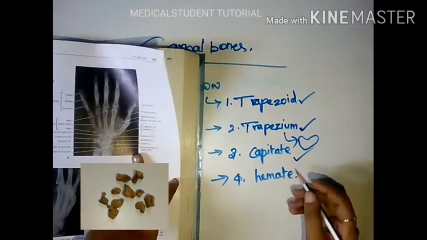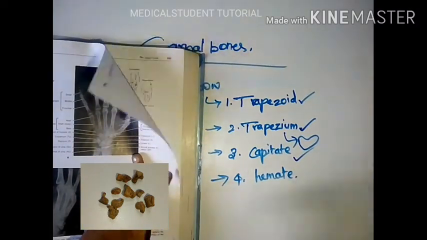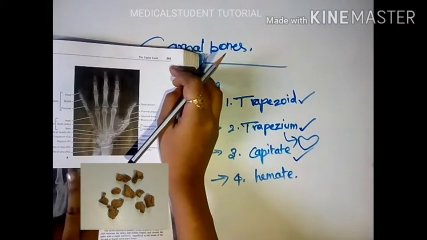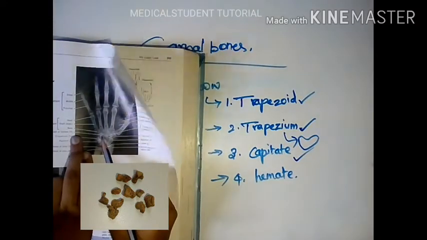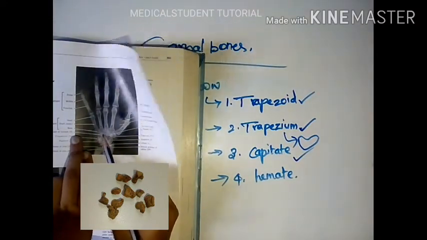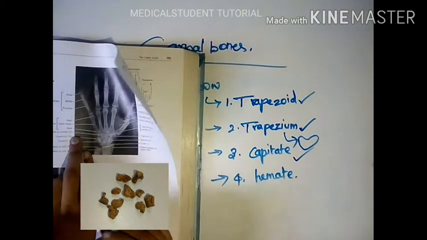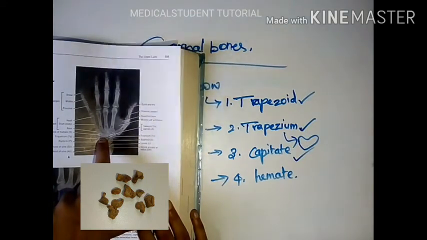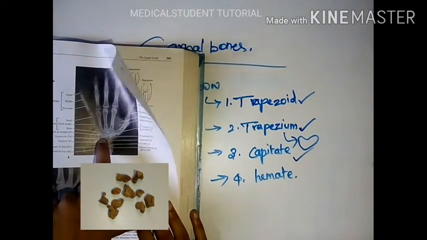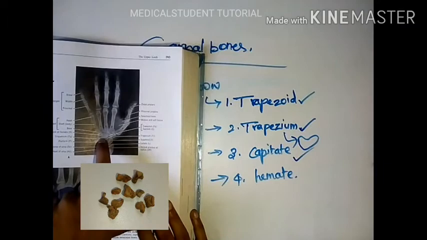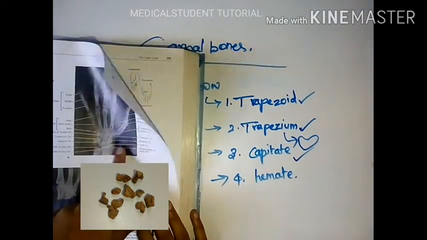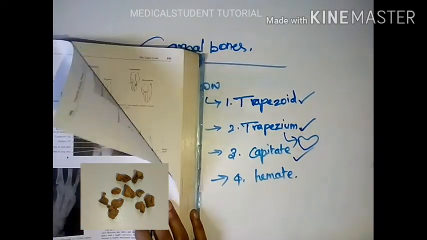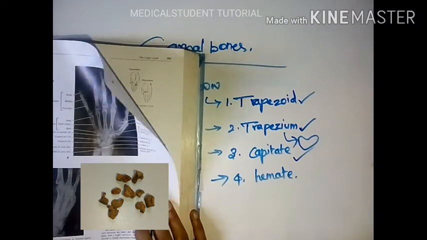It has a hook-shaped end. That's why it's called hamate. This is the hamate. Hook of the hamate. These are the 8 carpal bones in the wrist joint.